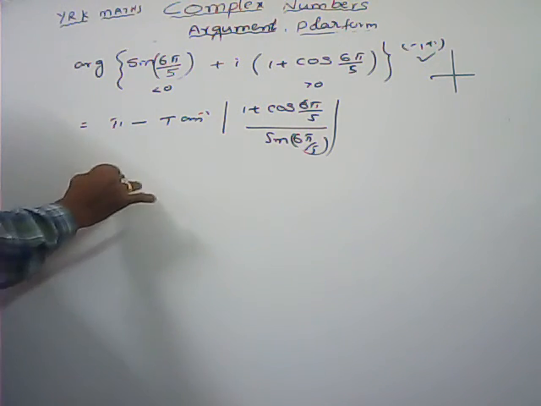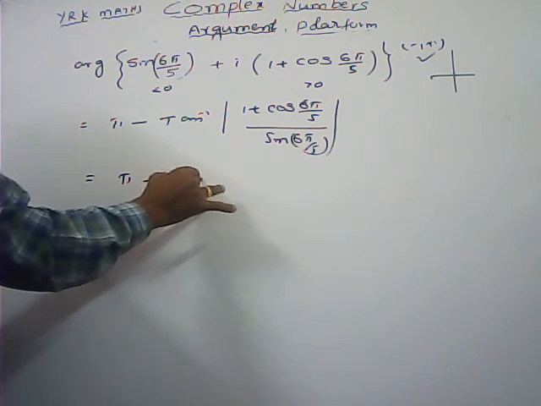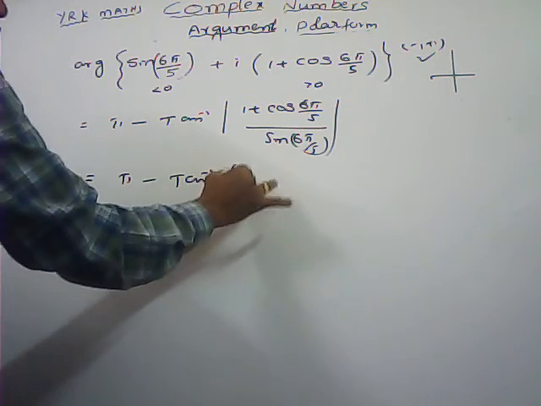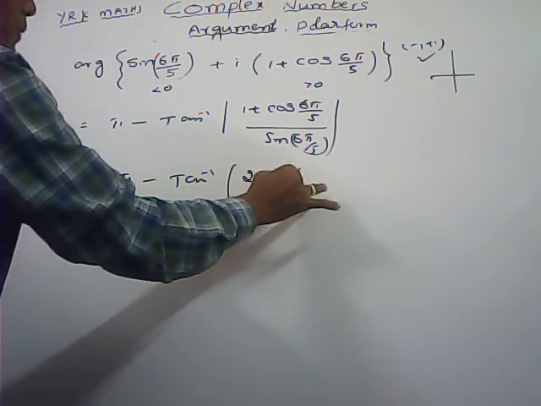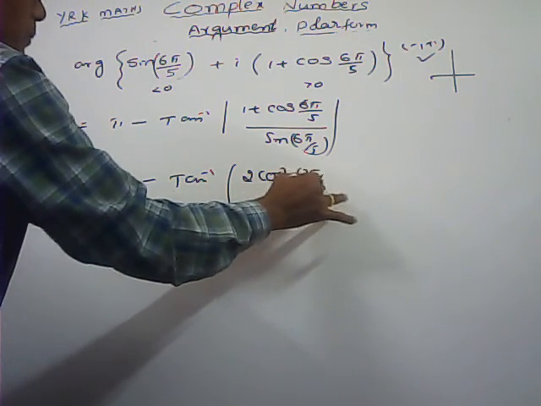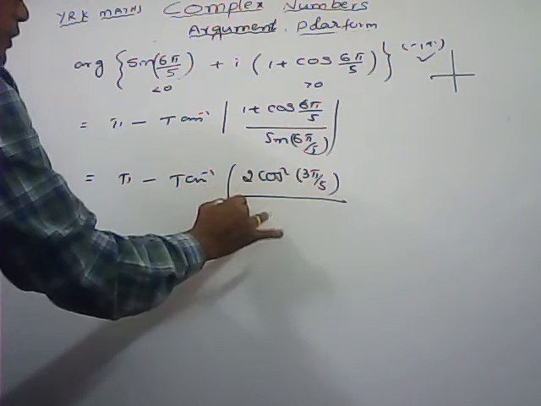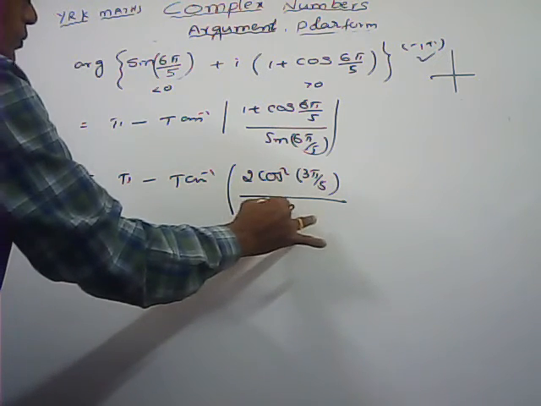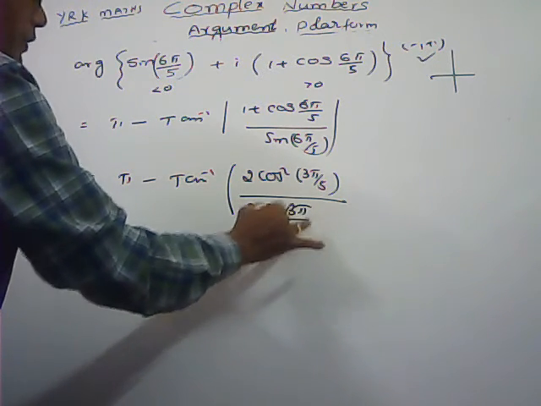That is equal to pi minus tan inverse of 1 plus cos theta, we can write 2 cos square theta by 2, that is 3 pi by 5, over sin theta, we can write 2 sin theta by 2 cos theta by 2.